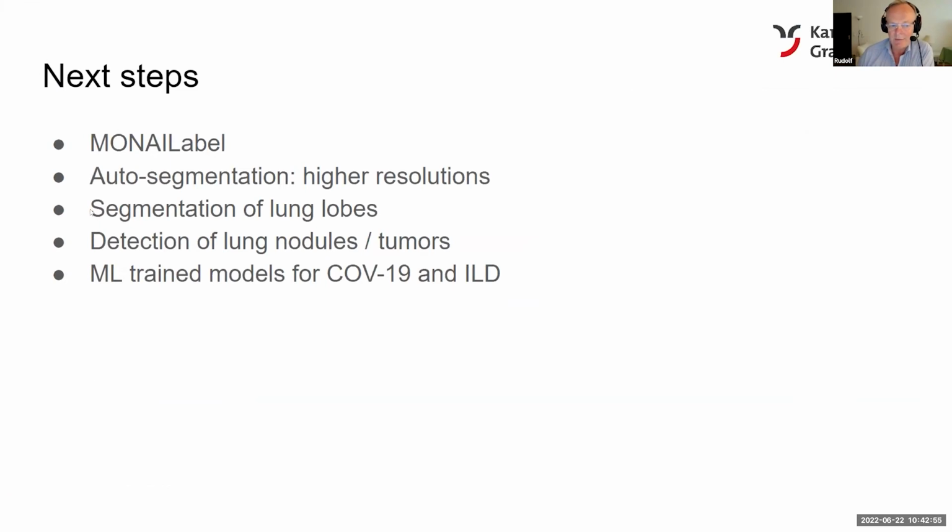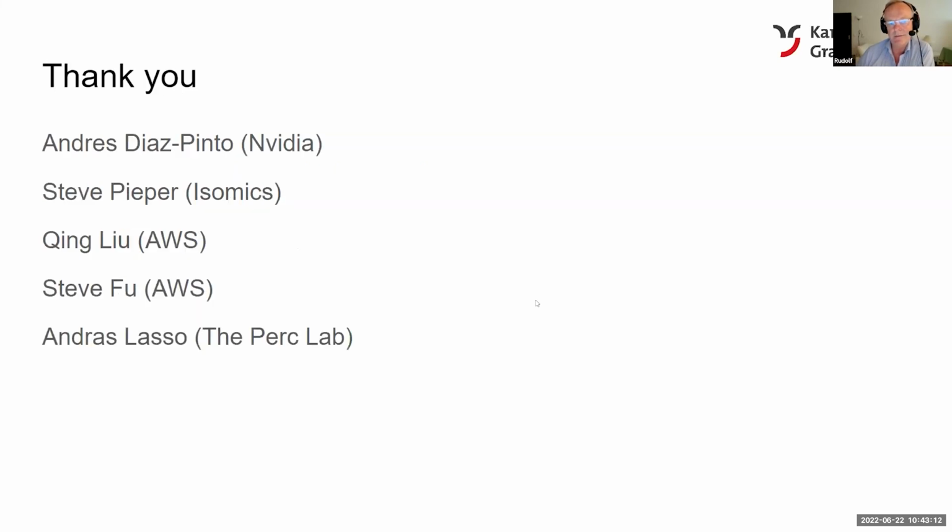My next step will be segmentation of lung lobes and maybe detection of lung nodules and tumors. And maybe we can also train models for analyzing COVID patients or interstitial lung disease.